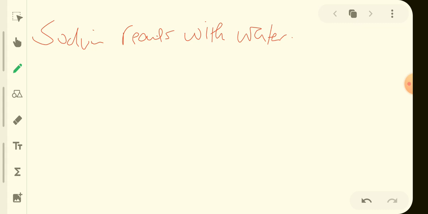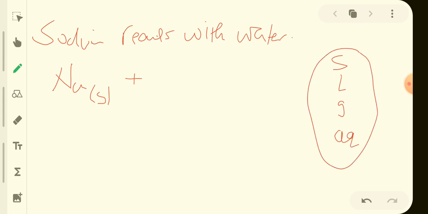We know the symbol for sodium, it's capital N, small a. Sodium is a solid. Plus, these are what we call state symbols. We have 4 state symbols: solid, liquid, gas, and aqueous.